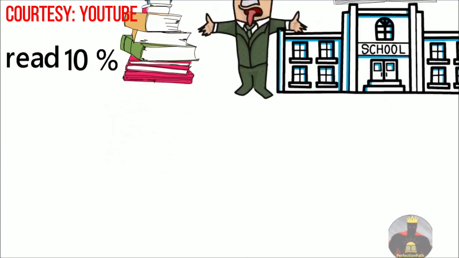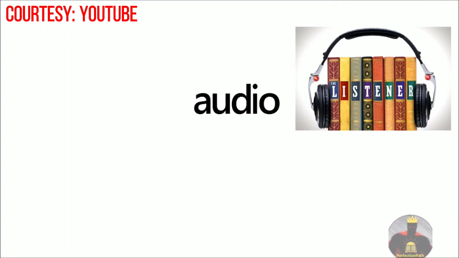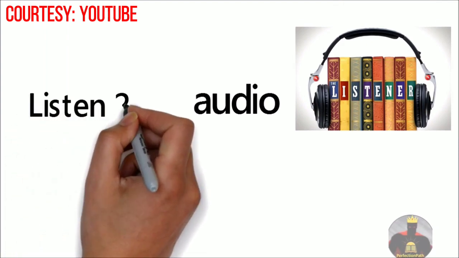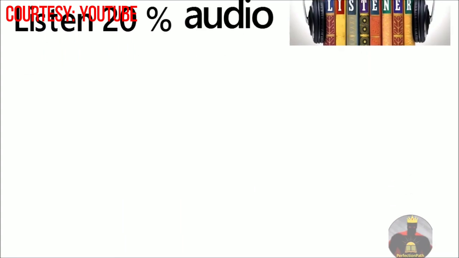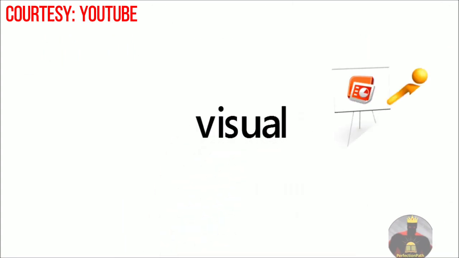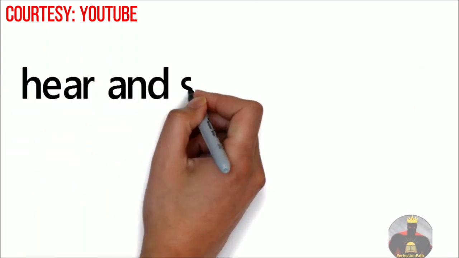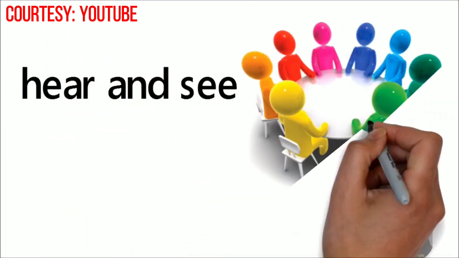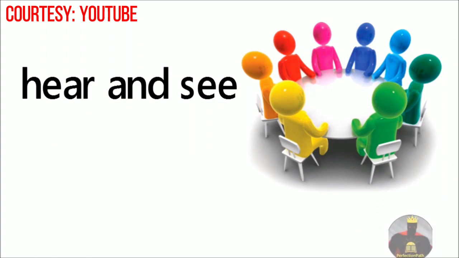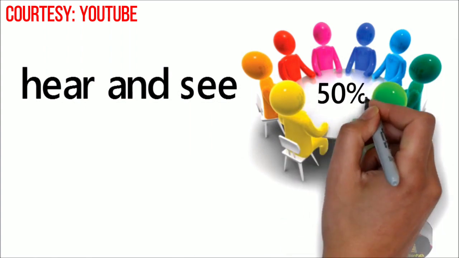If you listen to a great audiobook, or you listen to your lecturer or your teacher giving you a lecture on your subject, according to the cone of learning, you will retain 20% of what you listen to. And if you see a visual presentation, you have a 30% retention rate. And if you hear and see something as you would in a discussion group or a community, you increase your retention rate up to 50%.